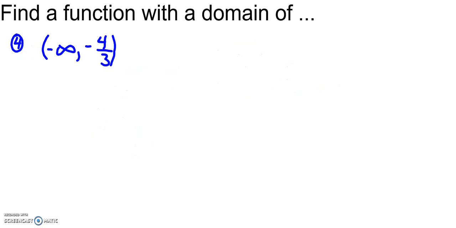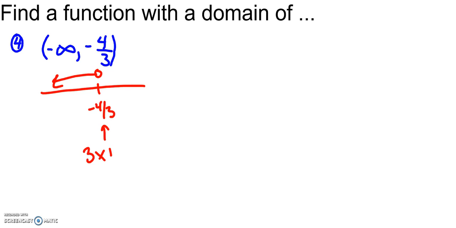The last one here is the most complicated one. If I look at a number line, I have -4/3, an open dot, and I'm shaded that way. So if I try to write this, I can see that I have 3x plus 4 is less than 0. Now I just have to know a little bit about where these things come from.